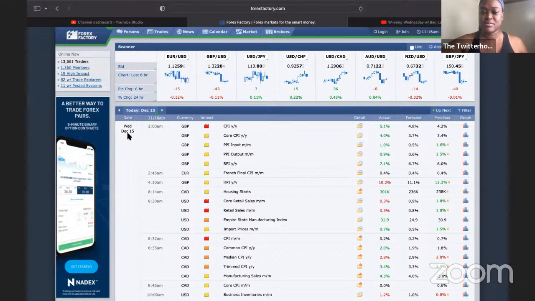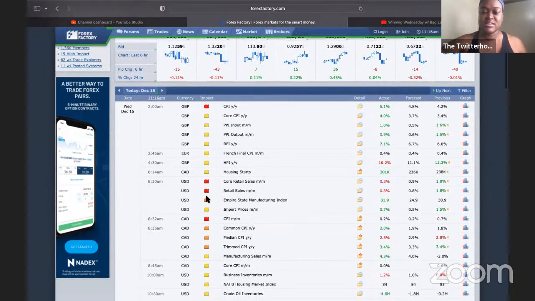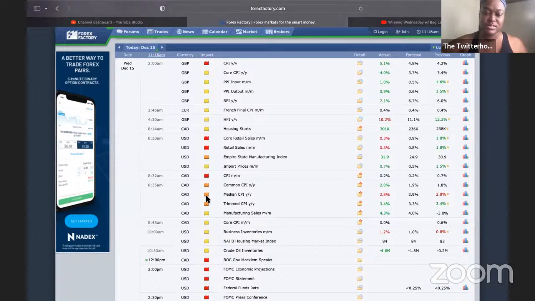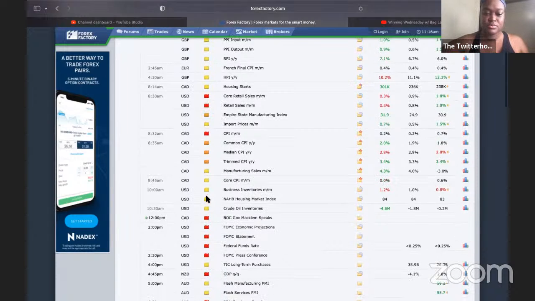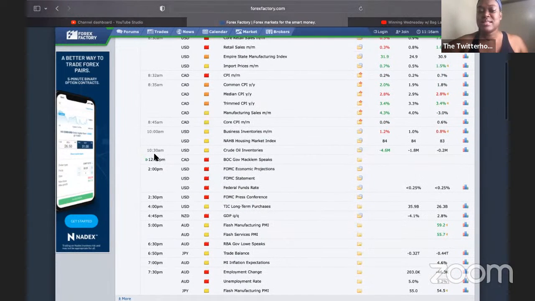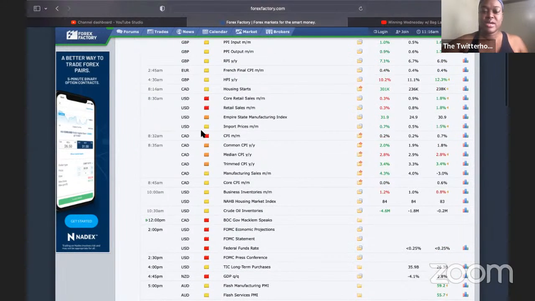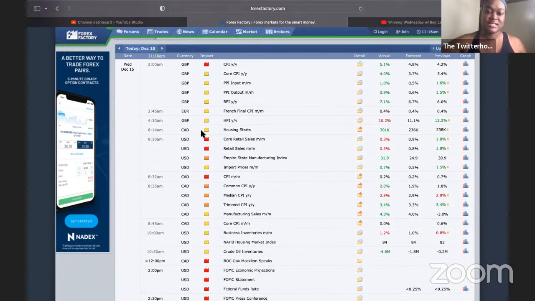Today is Wednesday, December 15th. Right now it is after 11 Eastern Standard Time. I'm in New York. And then we have the currency pairs here, and the different folders represent the different levels of news and the impact, right? So there is no news at 11, but just so you can get an understanding of what this is.